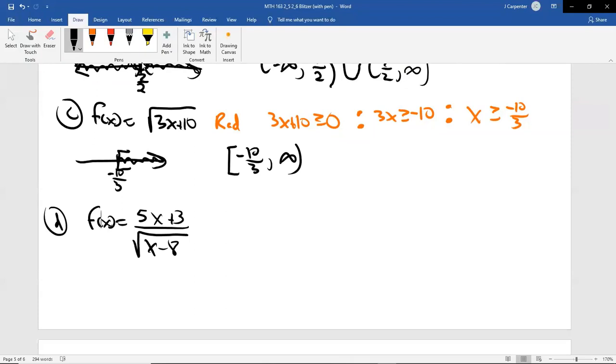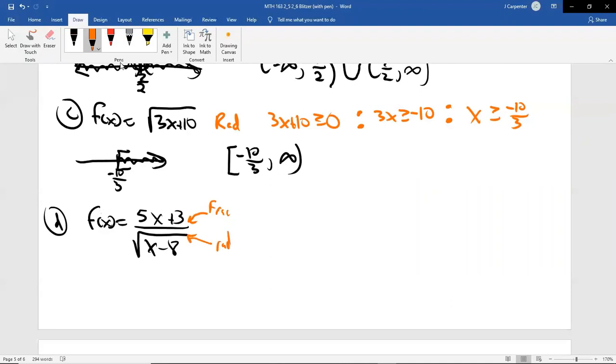All right, so you're asking yourselves, is this a fraction, is this a radical, or is this a polynomial? Well, it's a fraction, so the bottom can't be 0. But, uh-oh, it's a radical too. So it is both a fraction and a radical. So guess what that means? We have to account for both parts.